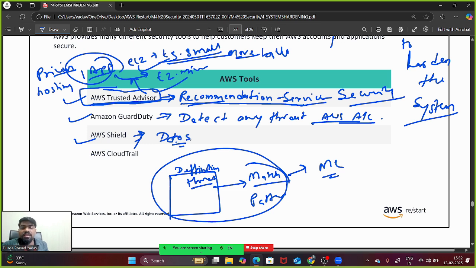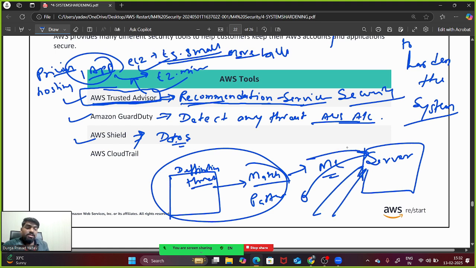If we do have distributed denial of service, generally what happens, let's say this is your server, and suddenly so many people start sending fake traffic to access this server.